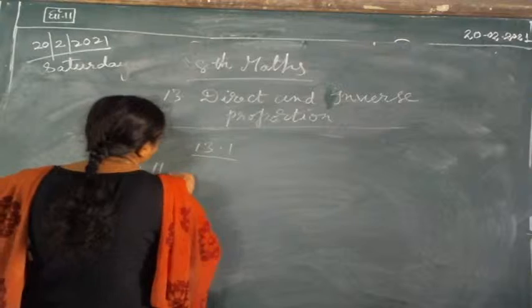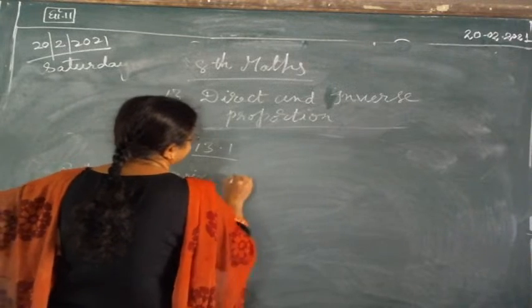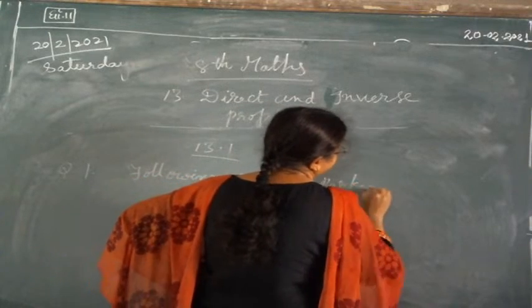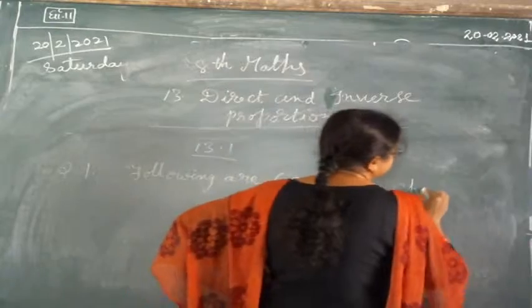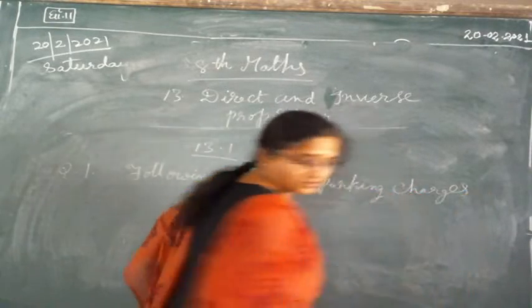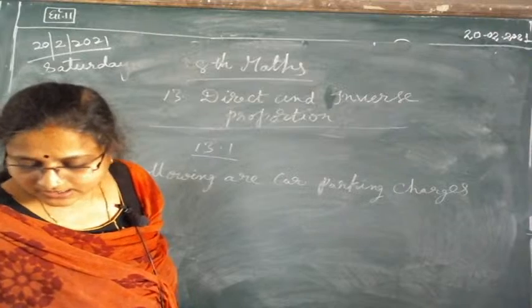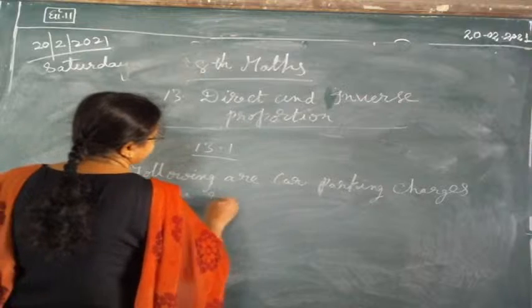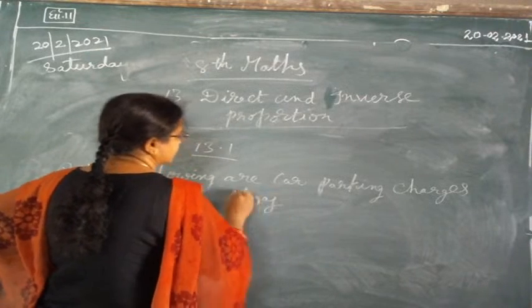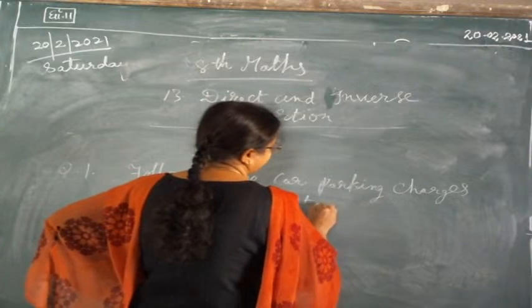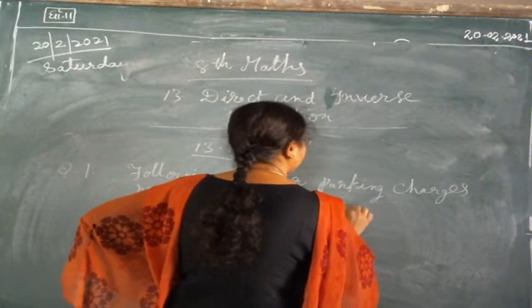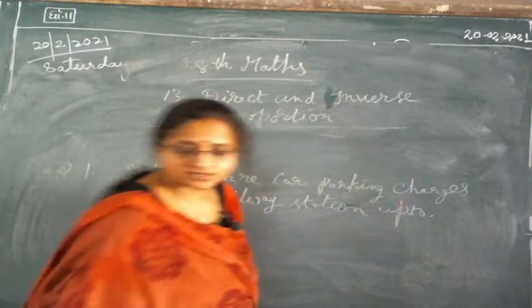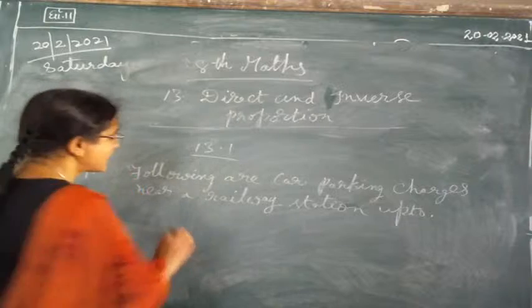Following are the car parking charges near a railway station up to 4 hours.